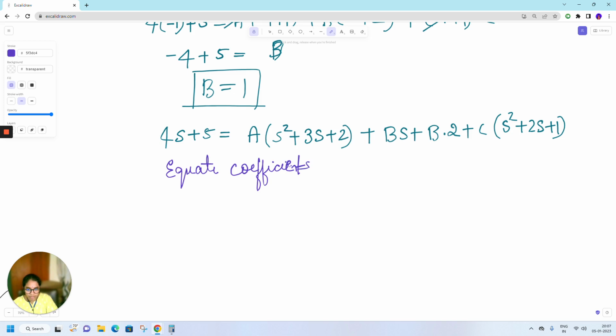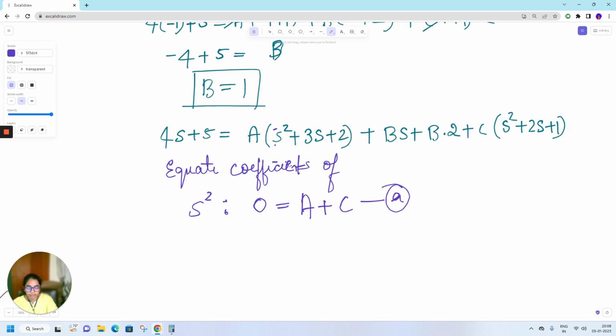I need the value of a, right? Say s square. If I equate the coefficient of s square, in LHS I don't have s square, so LHS would be 0. In RHS, the coefficient of s square is a plus the coefficient of s square here, which is c. I'll take this as equation A because I don't know the a and c values.